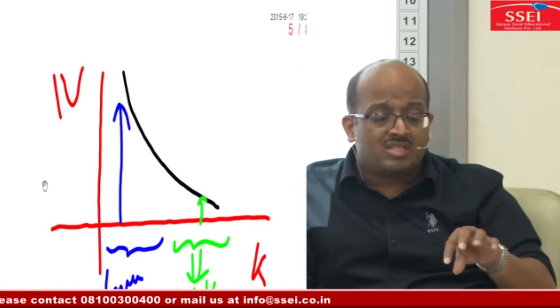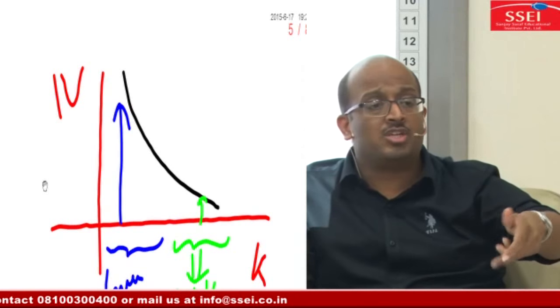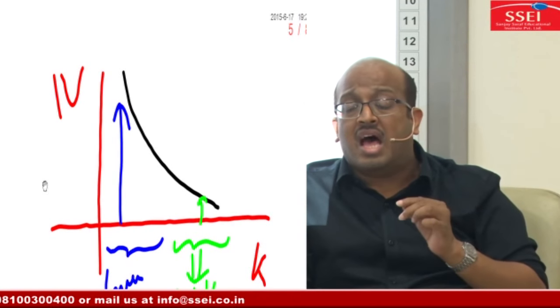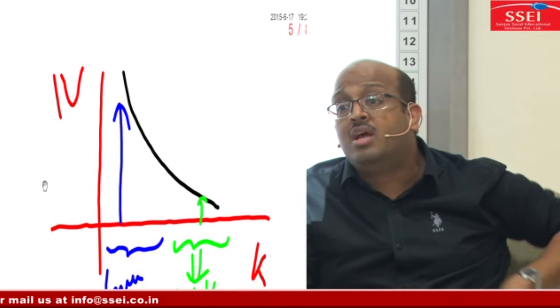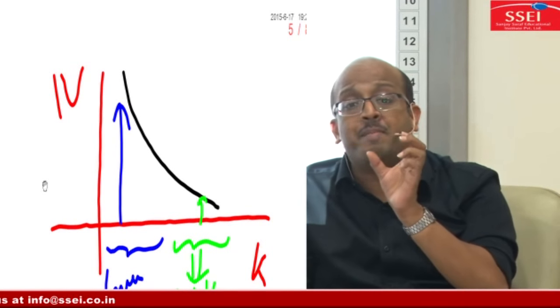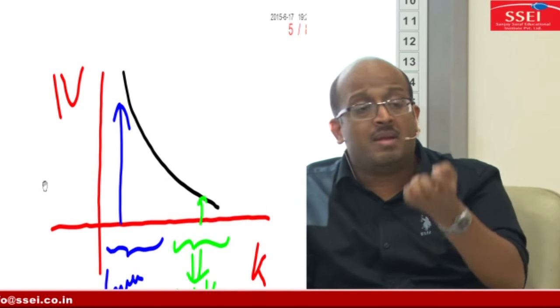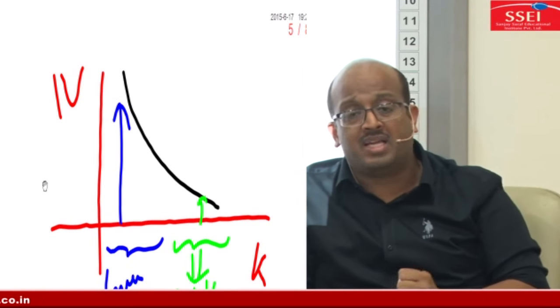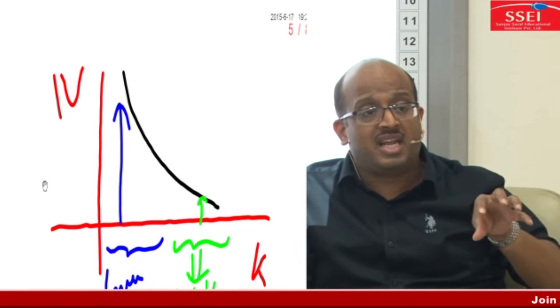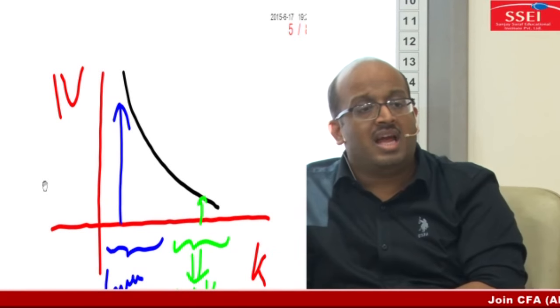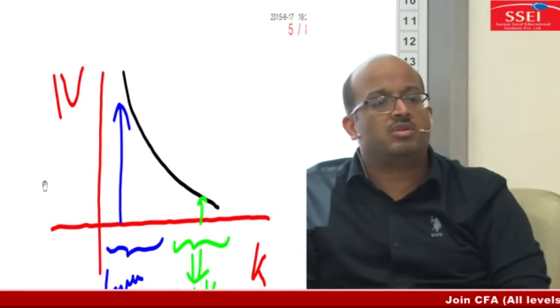Okay? What is the implication of this? The implication of this is that the empirical distribution of stock price, you understand the word empirical, observed, has a fatter left tail and a thinner right tail as compared to the log normal distribution.